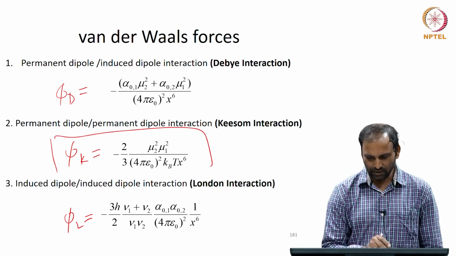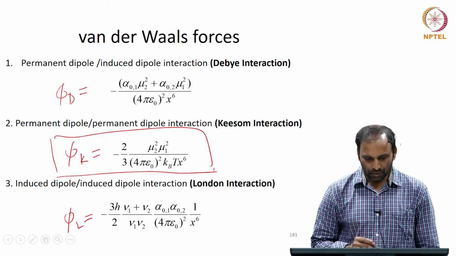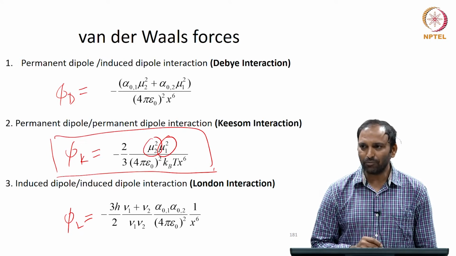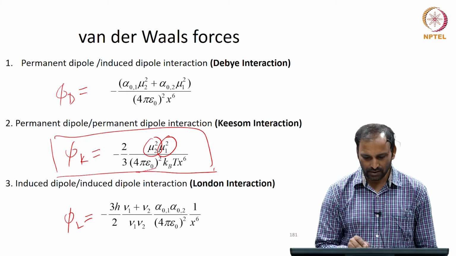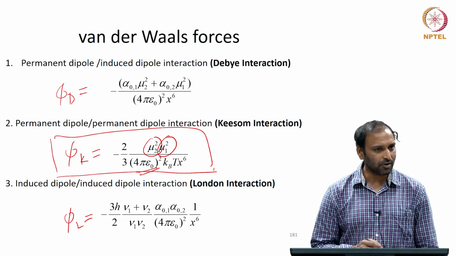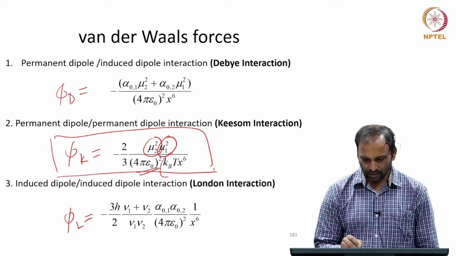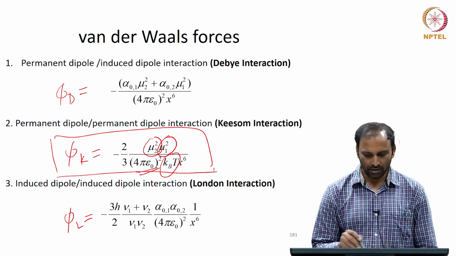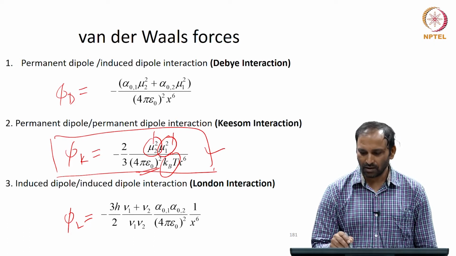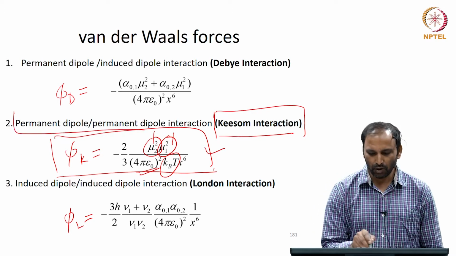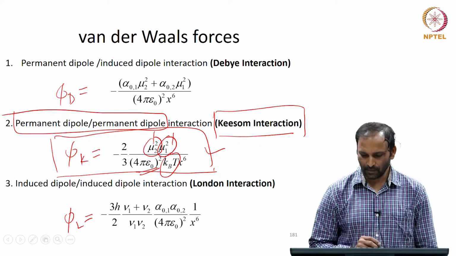This is an interaction between 2 permanent dipoles, so it should depend on the magnitude of the dipole moments. This is 1 over 4 pi epsilon naught that comes from electrostatics, and you have kBT, the thermal energy, and 1 over x power 6 dependence. Therefore, the terms which have only dipole moments are the Keesom interactions, because they are the interaction between permanent dipoles.